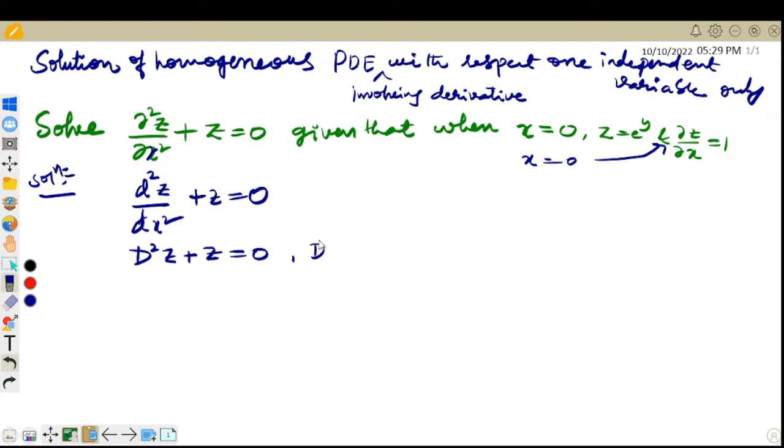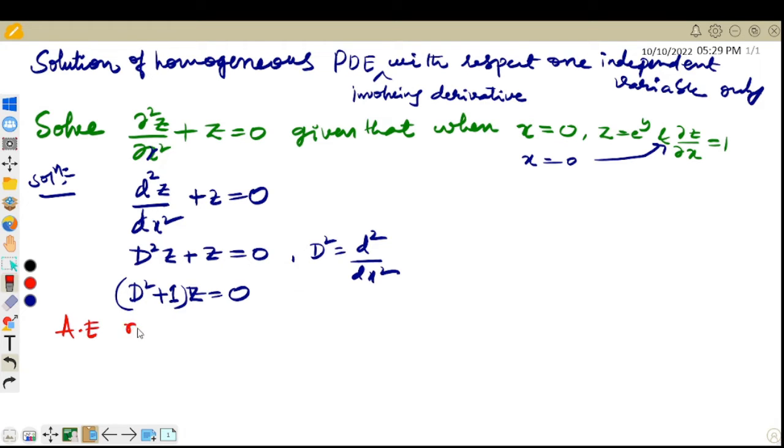So here I am going to write it as (D² + 1)z = 0, where D² is d²/dx². Now what is the auxiliary equation here?